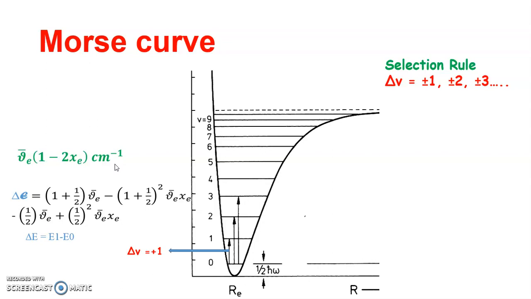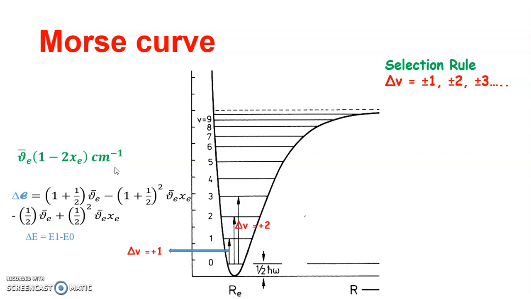This transition has much more probability, since excitation to the first level is the more probable type of transition.